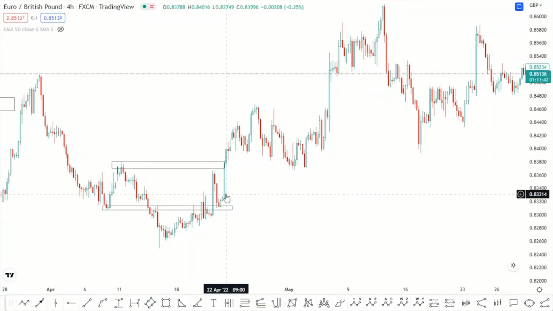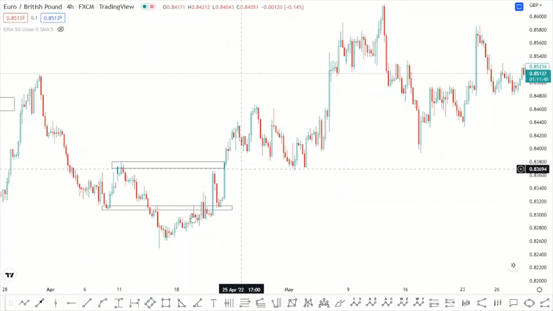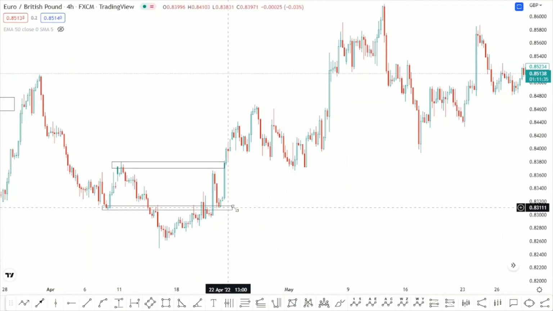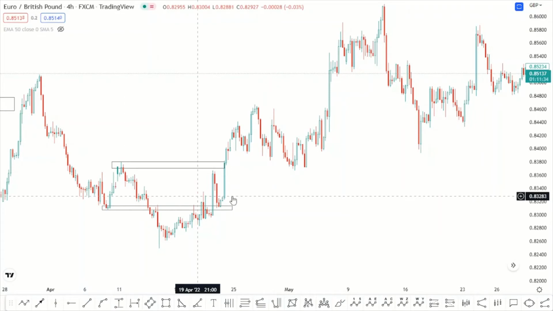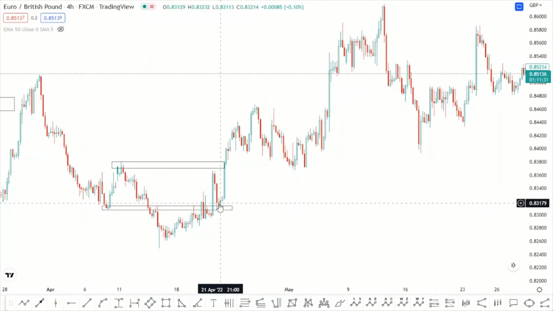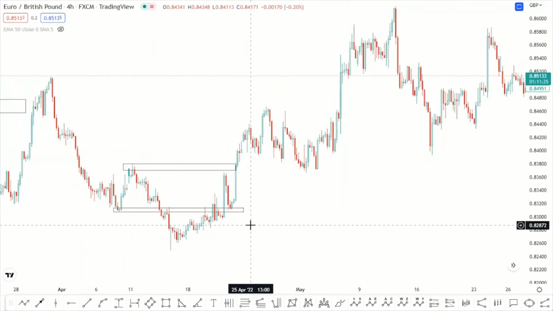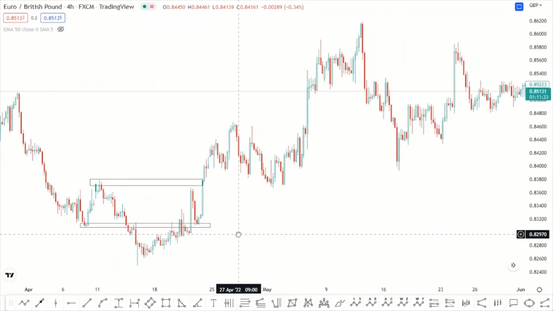But it's always great to wait for that break, but in this case it did not happen. It broke in but never came back to this price. So you just need to go raw over here and then just take this trade, because you know already it has told you that it is going bullish.